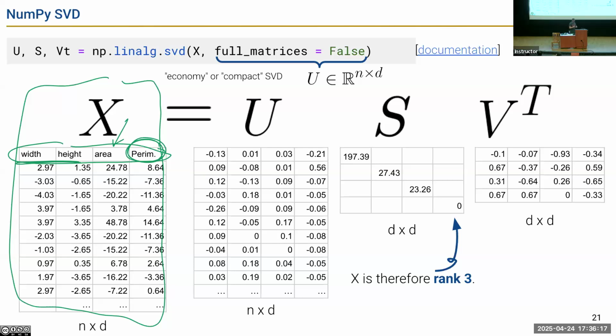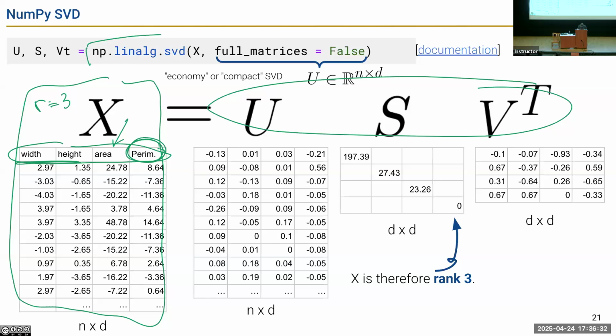So we know the rank of this X matrix is 3. At most, there are 3 linearly independent columns: width, length, area. Perimeter is a linear combination of width and height. Now, how do we actually get these values? There's a function in NumPy that we're going to use, numpy.linalg.svd, that gives you the SVD of a matrix of features X. And we're going to include this argument, full_matrices=False, because we're using what's called the economy or compact SVD.